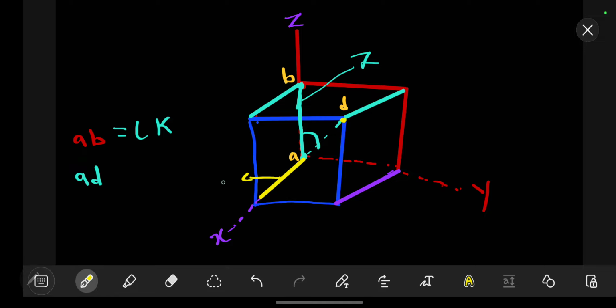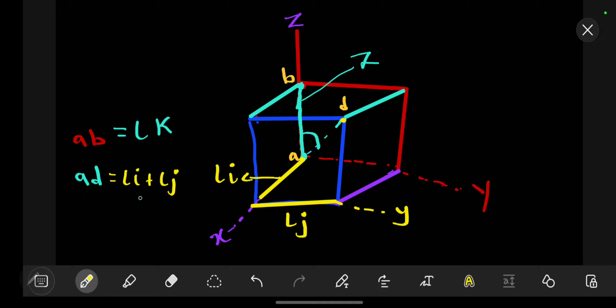This one will be your L, and this is the X component, so it will be your I. Then from here, you will move to this point, which will be your L. This one will be your J component, since if this is Y, and Y is associated with J. So we are going to say it will be Li plus Lj.